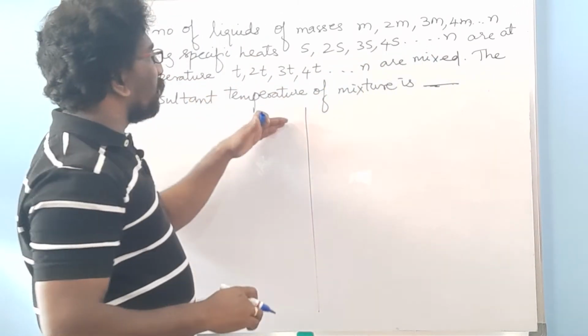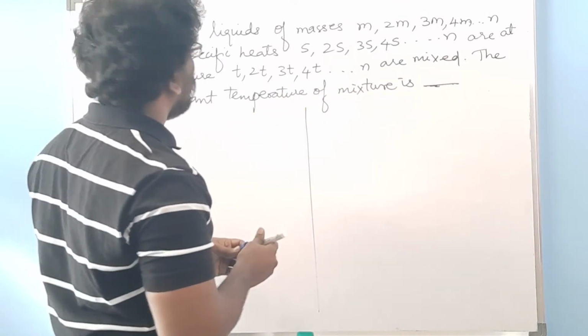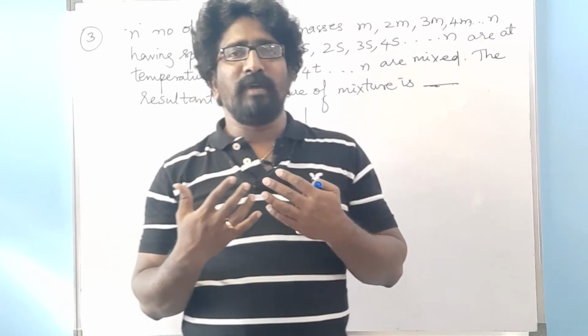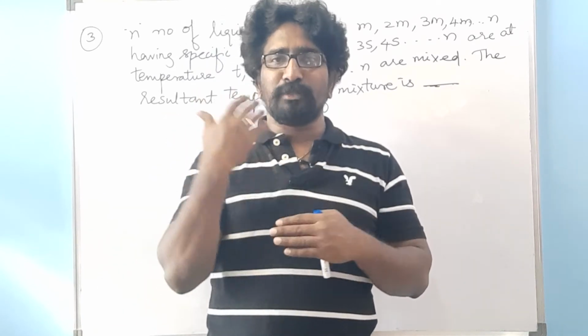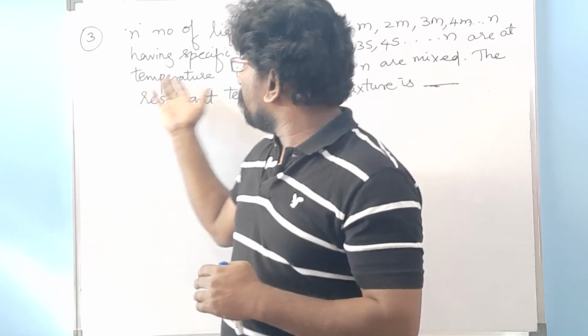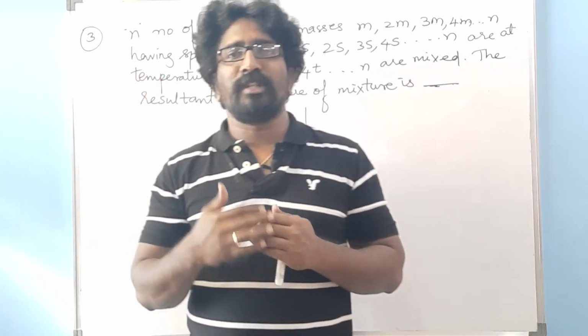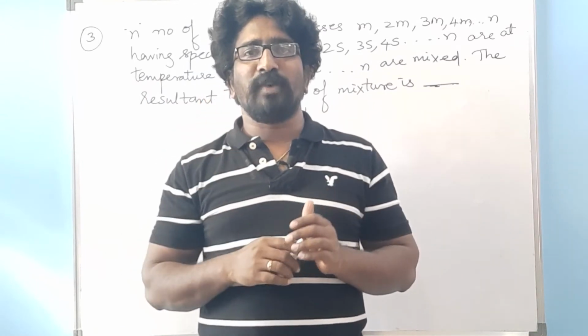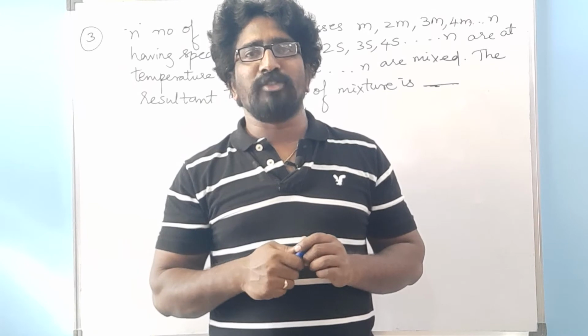The resultant temperature of the mixture is? This problem is about mixing n number of liquids of different masses, different specific heat capacities and different temperatures. Whenever these three different parameters of different liquids are mixed, you are supposed to find out the final temperature of this mixture.